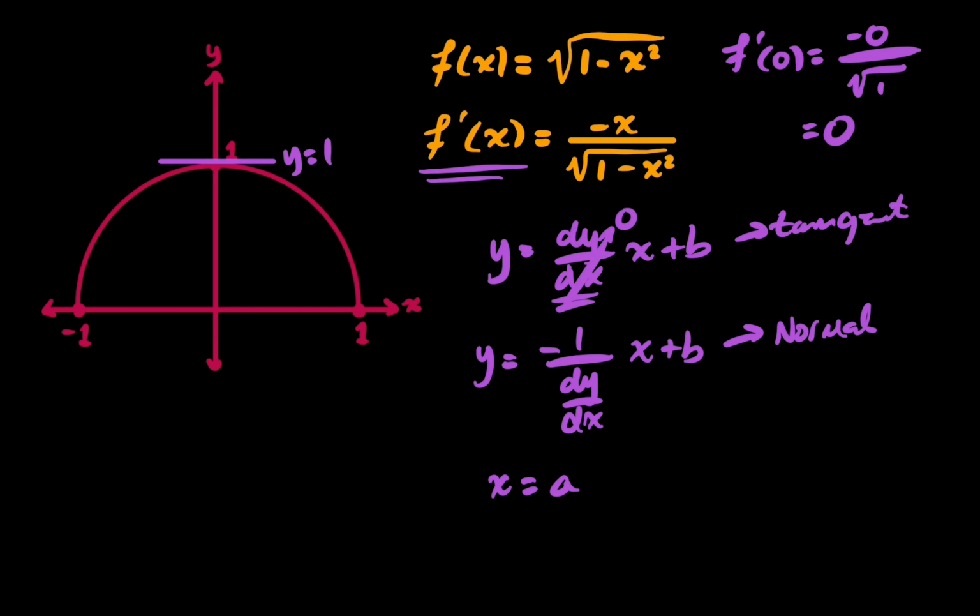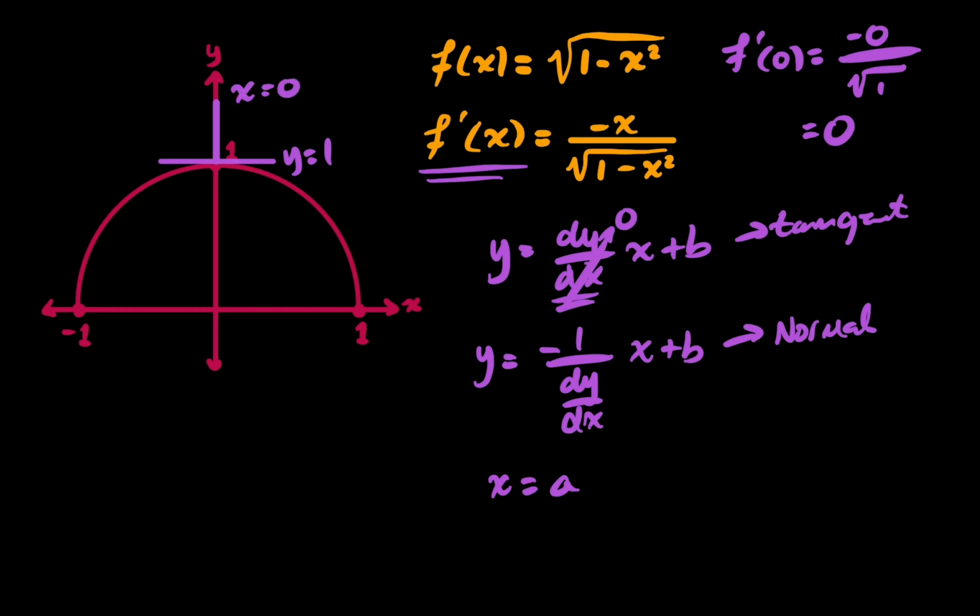So if we were to approximate the normal, we know that the normal has to be perpendicular to the tangent line. So it may look something like this, a vertical line going straight up. And we know that this vertical line exists on the y-axis, so it's going to be x equals 0.